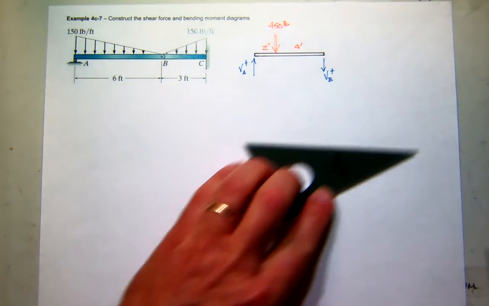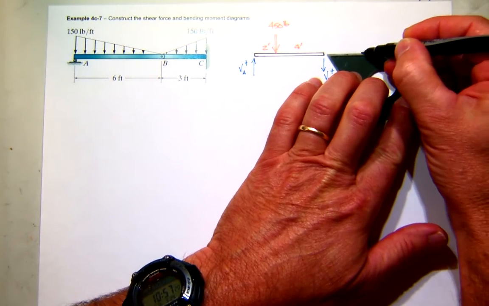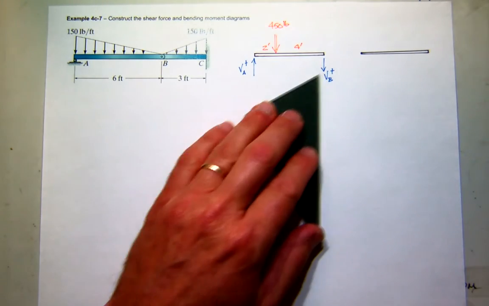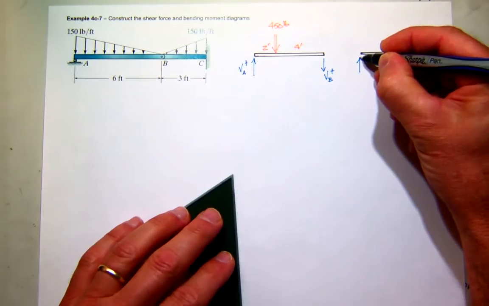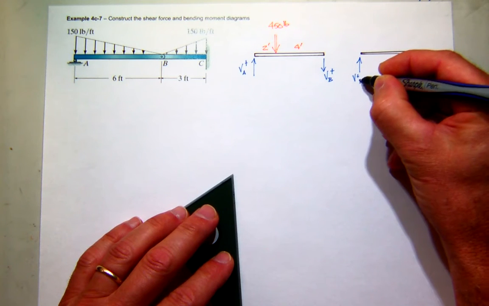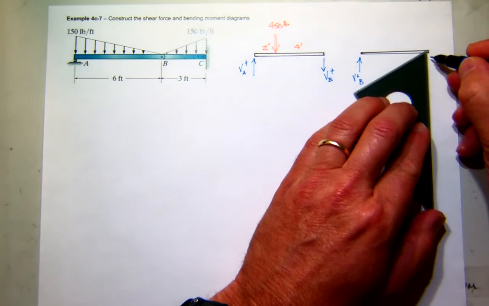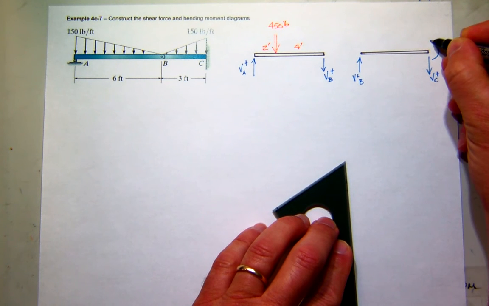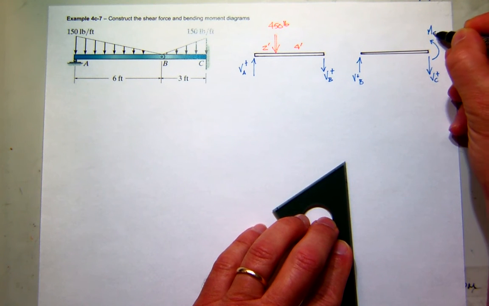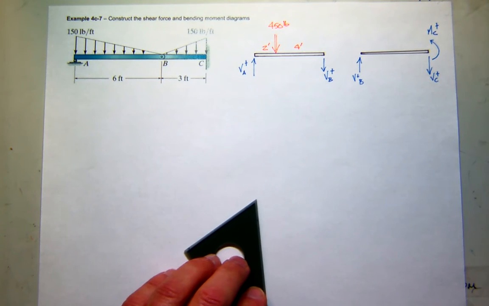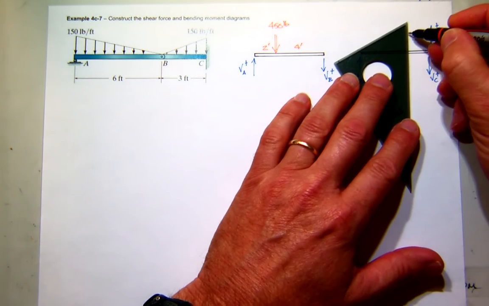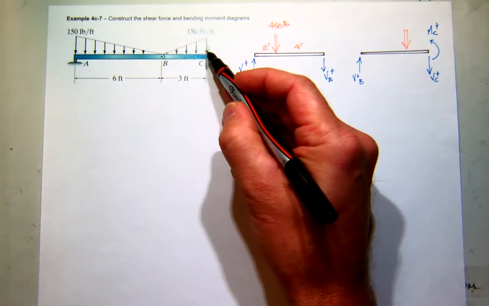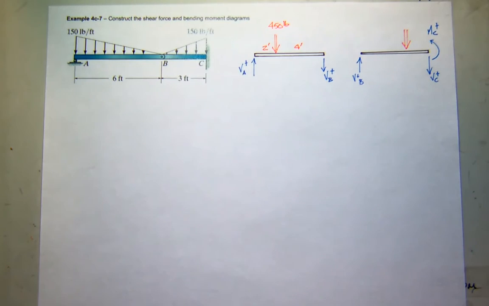Now let's look at the other side. So I'm going to assume positive shear on that side from B. And then when I get over to C, I'm going to assume positive shear at C and positive bending moment at C, because it's a fixed connection. And then I'll have another concentrated equivalent force, which will be represented by this area. So 1/2 base times height.